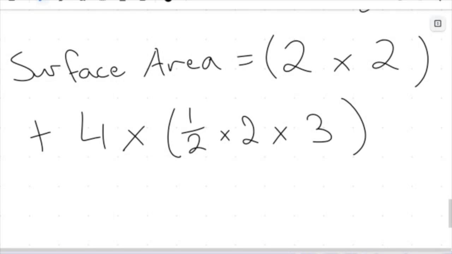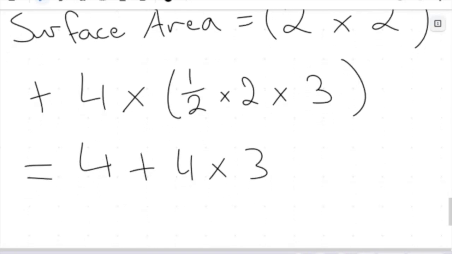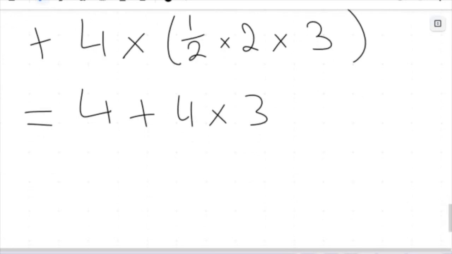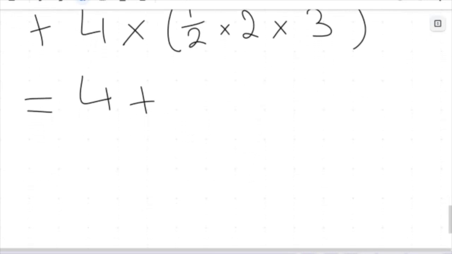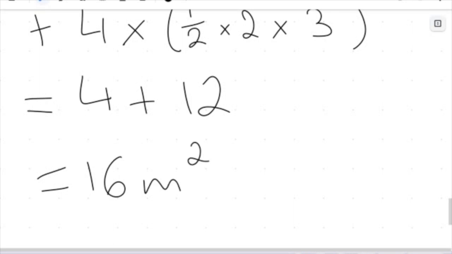And let's do it the longer way to show my working. I have 4 as the area of my square base. I'm adding that to 4 times 3, because half times 2 times 3 gives me 3. So that's like saying 4 plus 12. And that gives me 16 meters squared.